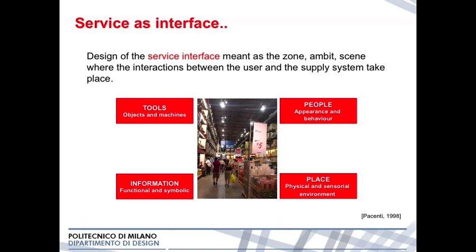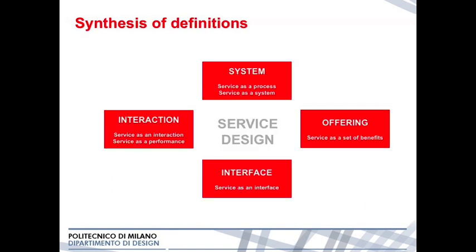It might be a physical place, the sensorial environment with which you interact or navigate, or the information, which is both the functional information provided in written form or orally through people, and the symbolic information associated, for example, with the identity, with the branding of a service.